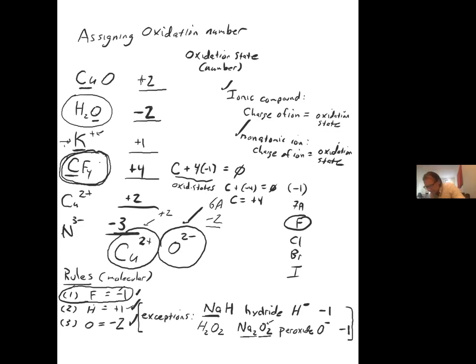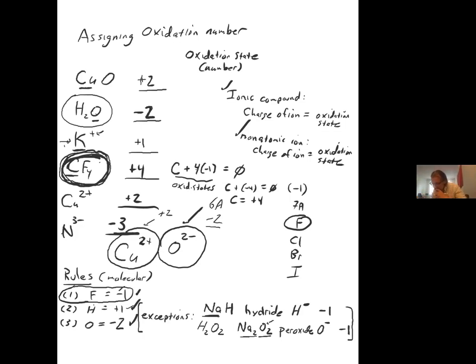Okay? Relatively simple. Wait, I have a question. Yeah, go ahead. You said they have to add up to 0 because they have to cancel each other out, right? So they have to add up to 0 because a molecule or a compound has 0 charge. So the oxidation states have to add up to whatever the charge of the species is.